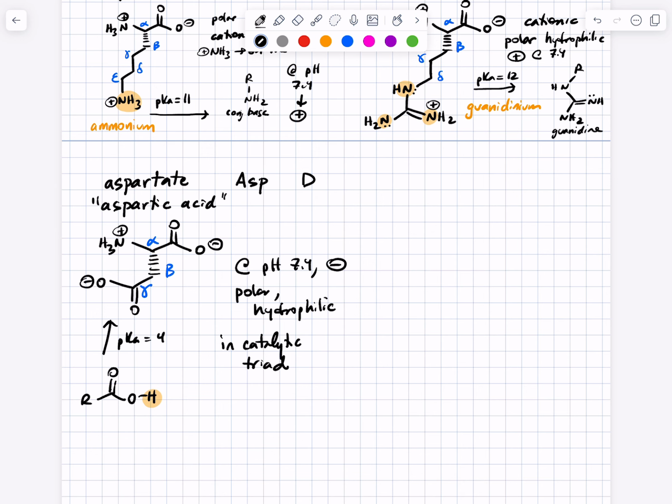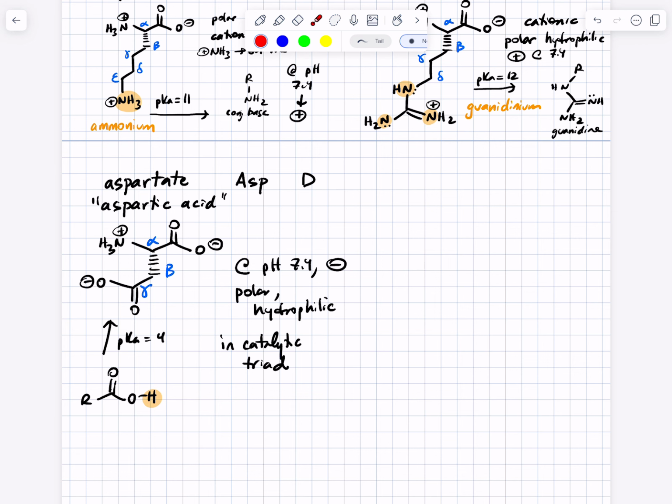Yeah. Hand up, no? Why does it stay negative at pH 7.4 if pKa is 4? The pKa is for the conjugate acid, the neutral conjugate acid. That's why I've drawn the arrow in this direction. So when pH is higher than pKa, yeah, then the proton's gone.